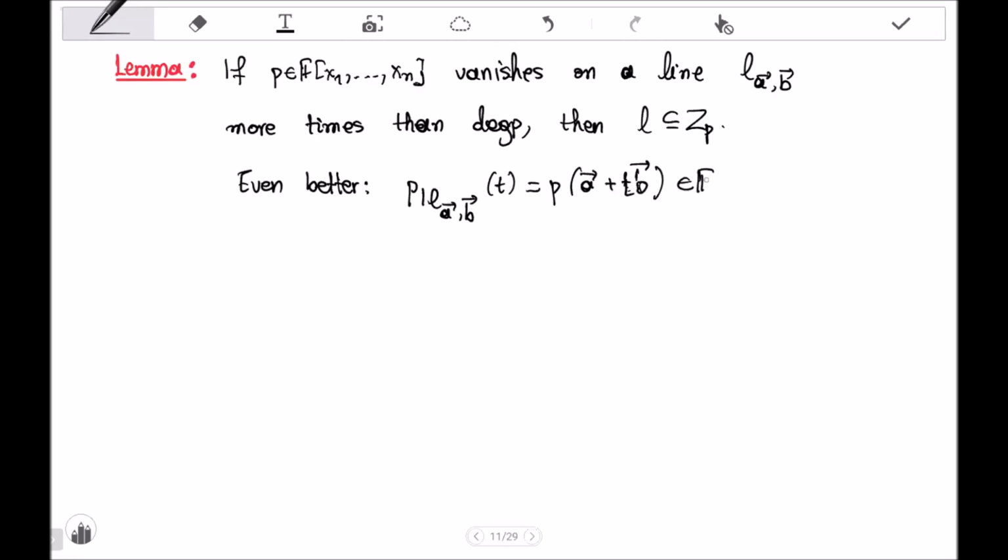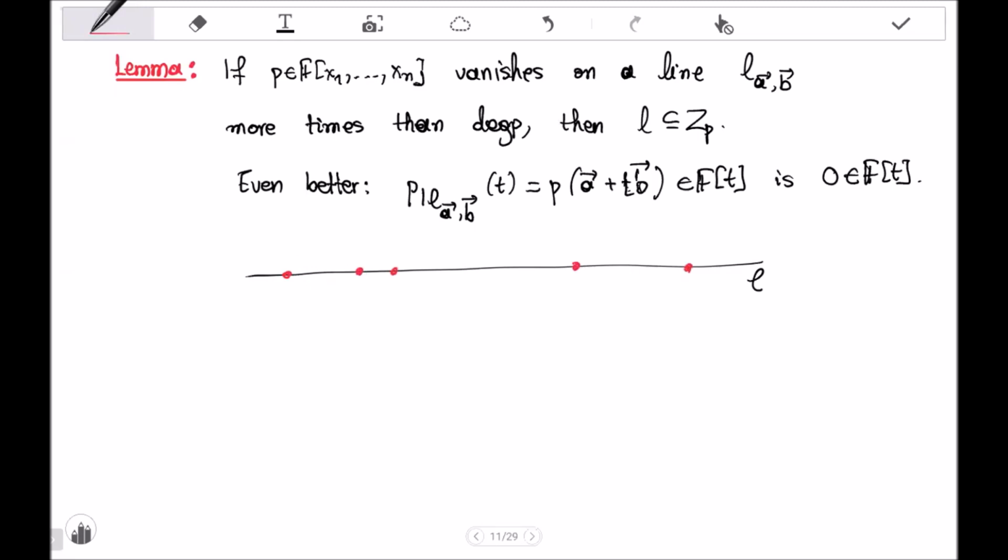It's a polynomial in one variable, and this is the zero element. Why is this true? Let's take our line, and here we have the points where the original polynomial vanishes.